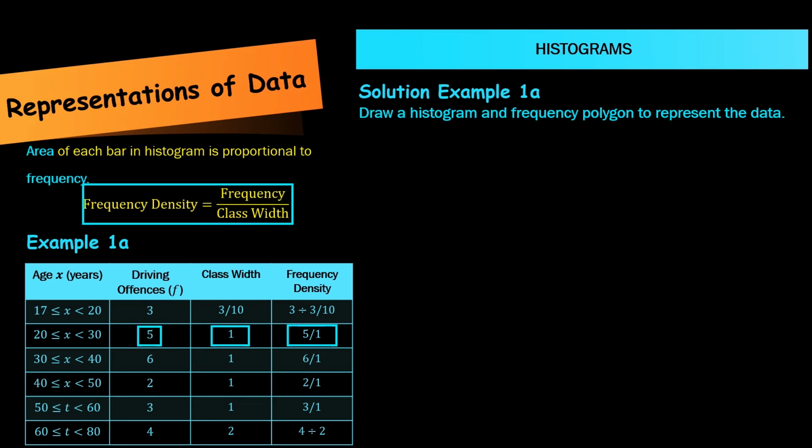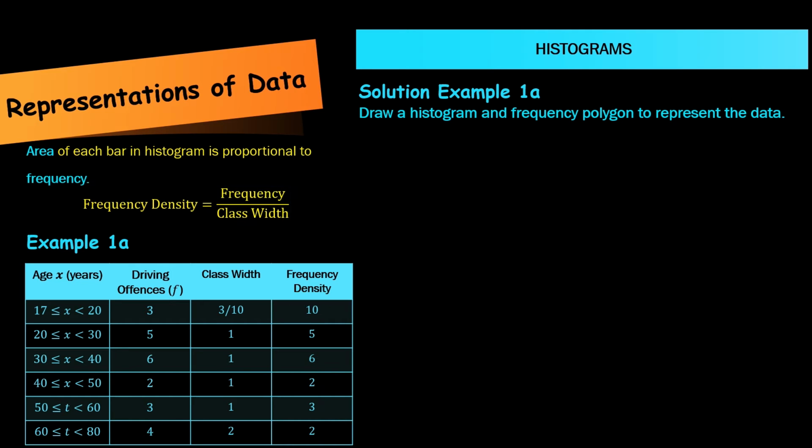For the second category, it's 5/1, then 6/1, then 2/1, then 3/1, and finally 4/2. So frequency density, once calculated, is that shown in the last column of the table.